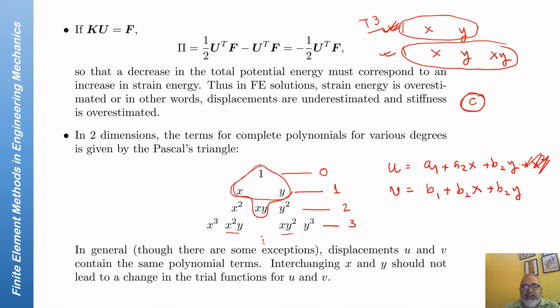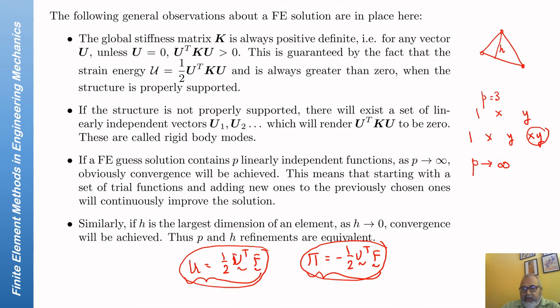We have also seen that finite elements overestimate stiffness and underestimate displacements, and K is always positive definite unless the structure is not properly supported, in which case K will have rigid body modes, which will lead to zero eigenvalues. And we have also seen that there can be two kinds of refinement.